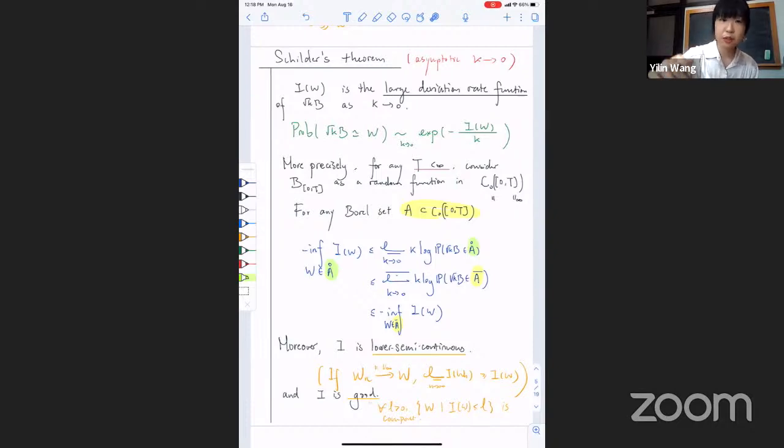So when you take kappa very small, if you ask square root kappa times B to stay close to W, it's a very rare event, and it's somehow telling you how to study the rare events of Brownian motion. I don't know if it answers your question.